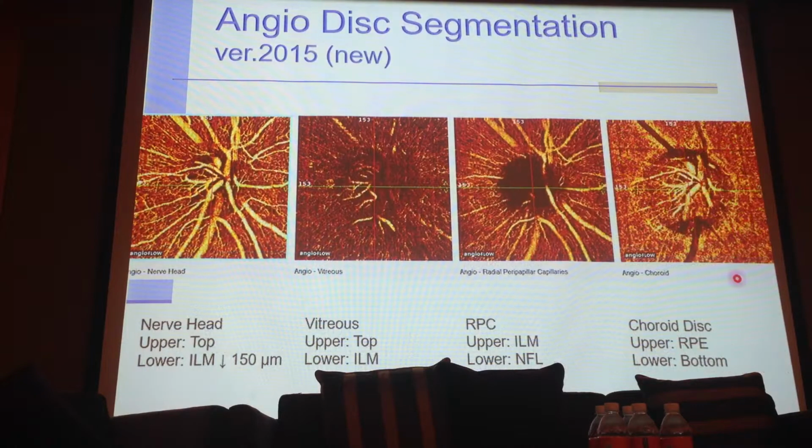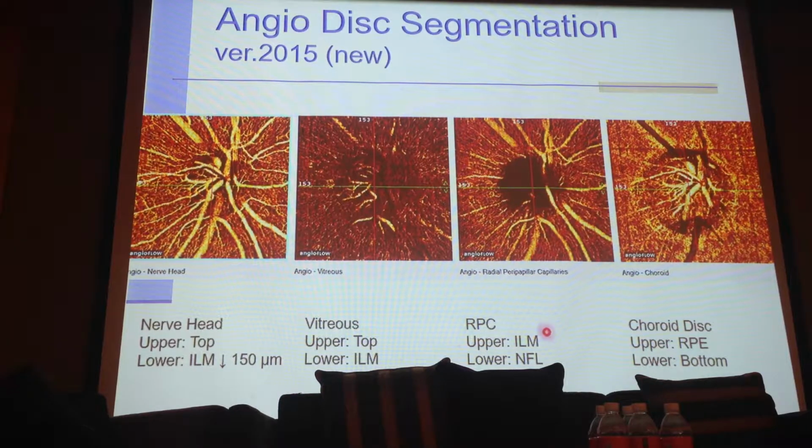And this is the new setting of our angio disc segmentation, not like the previous version. The latest one is 2015, and that's our definition for the nerve head. From top to ILM goes down 150. And the vitreous is from top to ILM, so it gives us information inside the vitreous, not inside the disc.